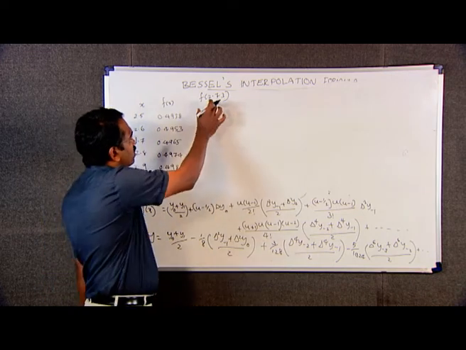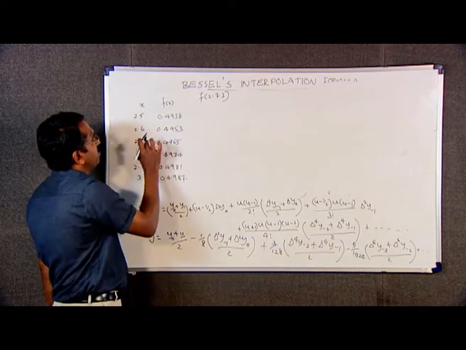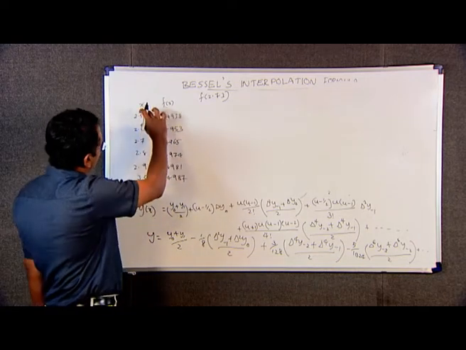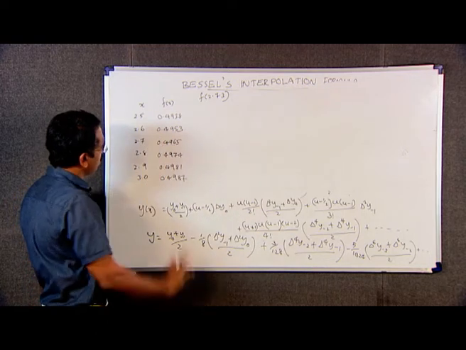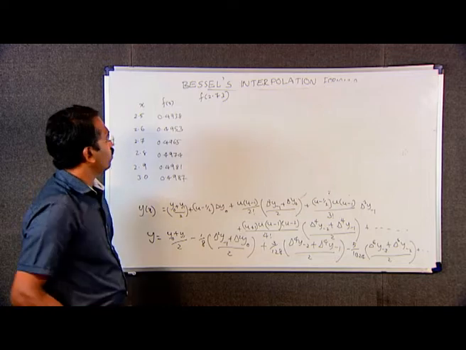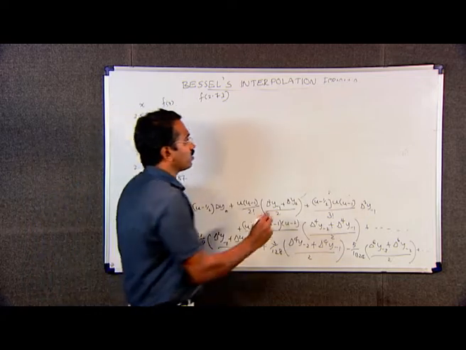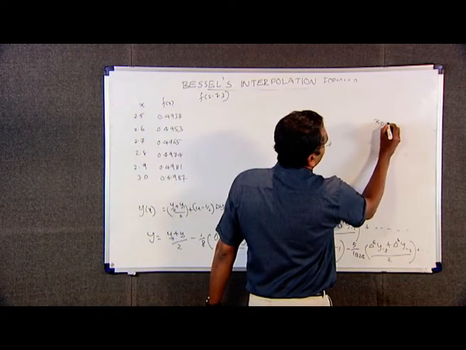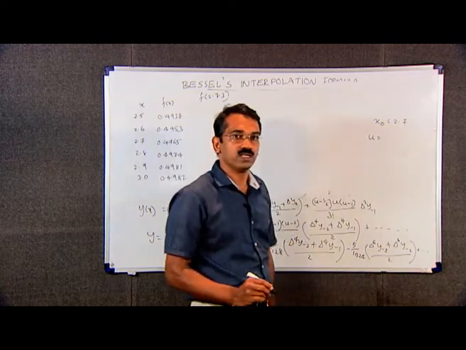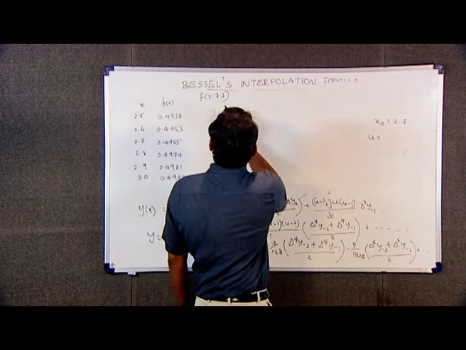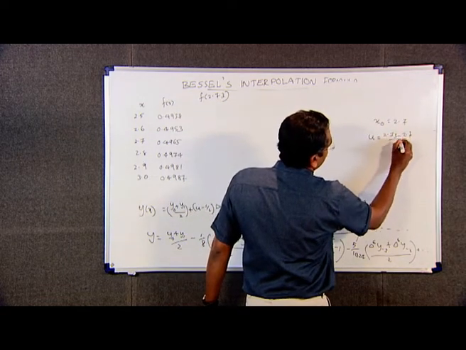We want to find the value of f at 2.73. Note that 2.73 is near this central value. Now, in order to get better accuracy, we can choose x0 as 2.7, because the value of u is x minus x0, that is 2.73 minus 2.7, divided by h.